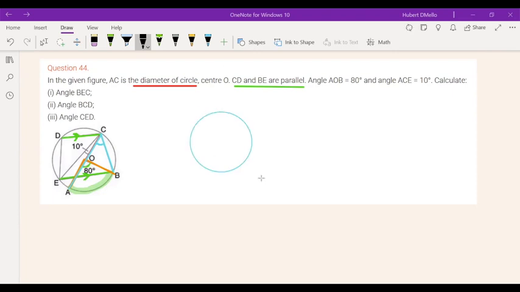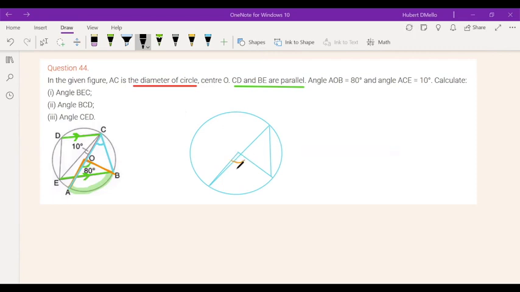Let me just draw this in isolation. Just that bit here. I've only drawn that part.